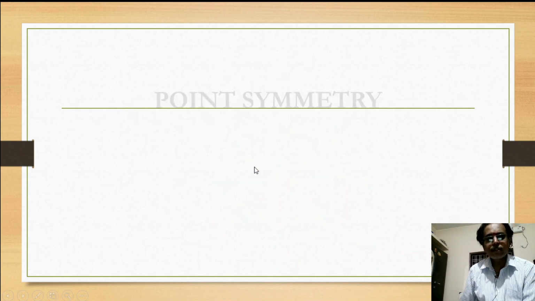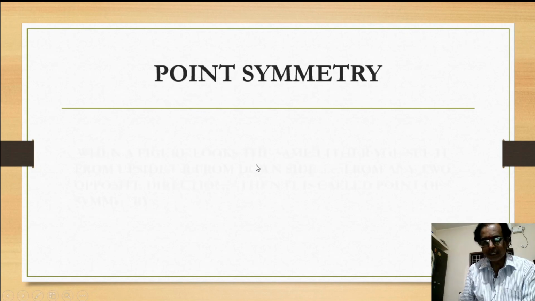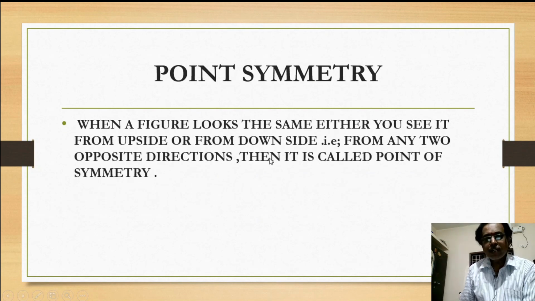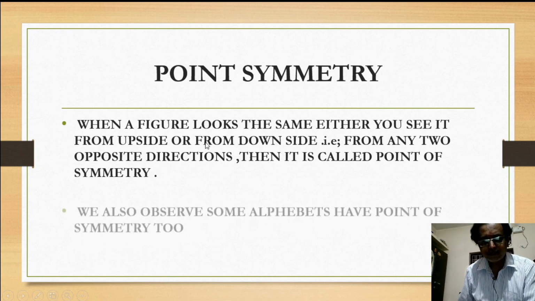Now point symmetry, it is very important. When a figure looks the same whether you see it from upside or downside, that is from any two opposite directions, then it is called point symmetry. If you observe an object from any two opposite directions and the shape doesn't change, then that is point symmetry.